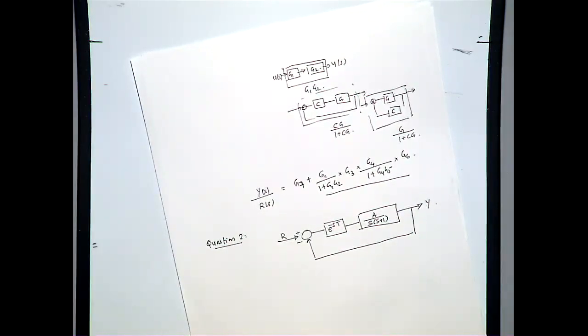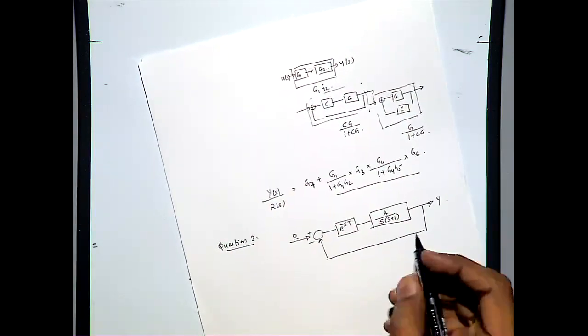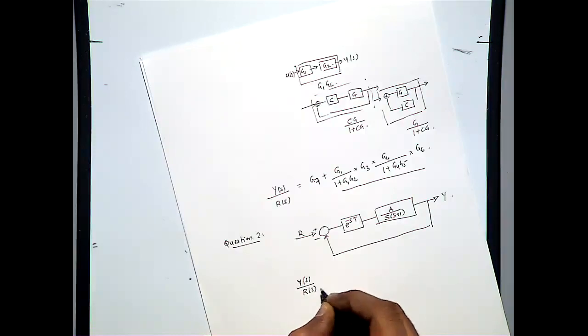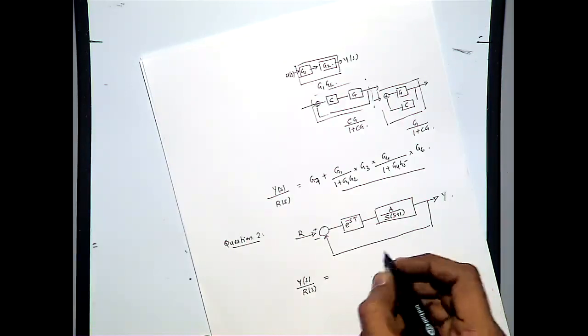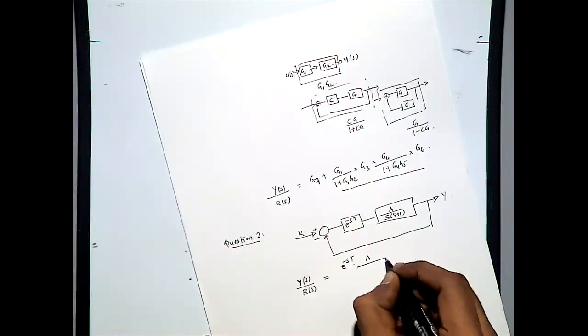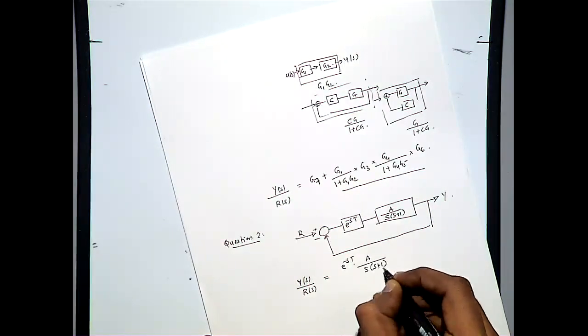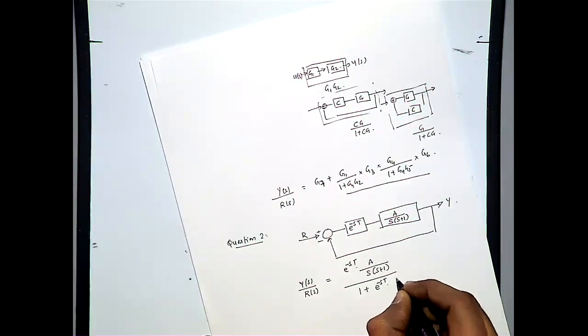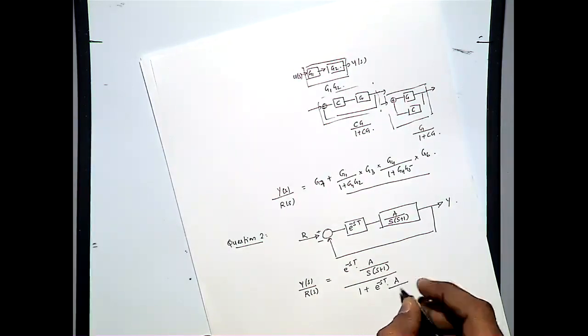So the characteristic equation of the closed loop is the denominator polynomial of the closed loop transfer function, which means that the closed loop transfer function, which is given by Y(s) divided by R(s), is e raised to minus sT times A divided by s times (s plus 1) divided by 1 plus e raised to minus sT times A divided by s times (s plus 1).